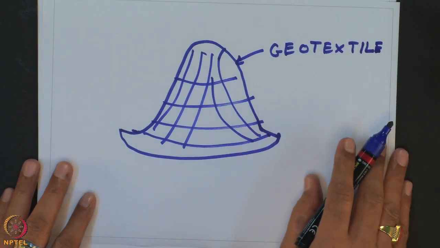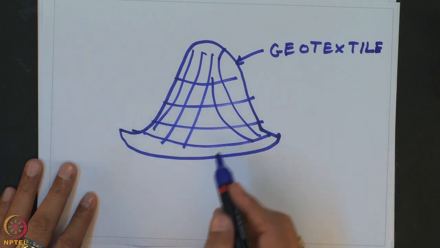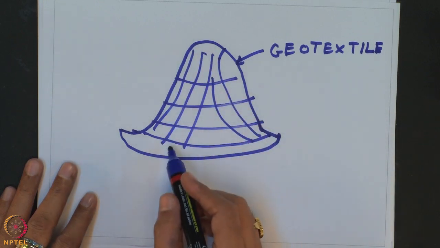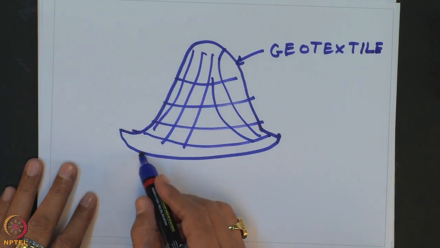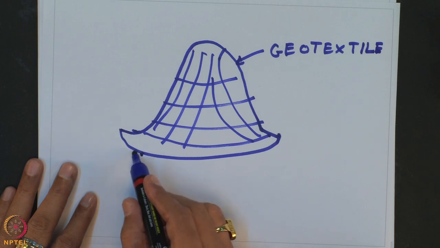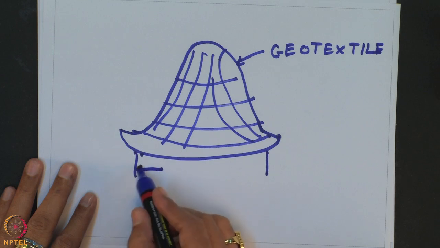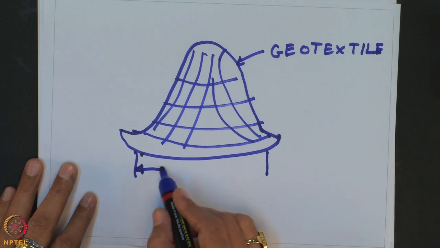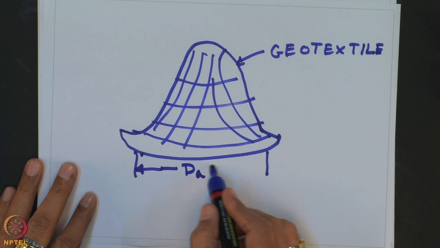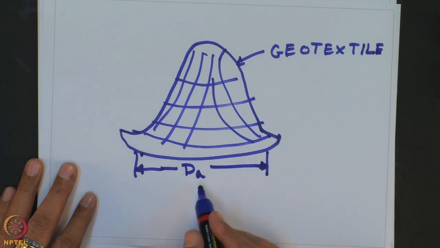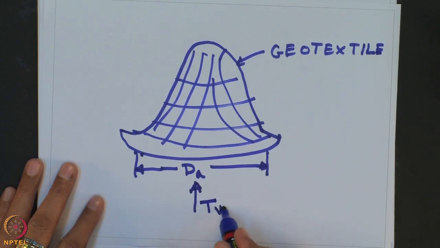This distance is, let us say, dA, and this is T vertical.